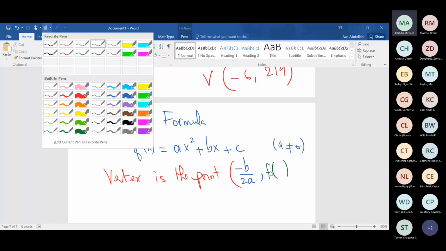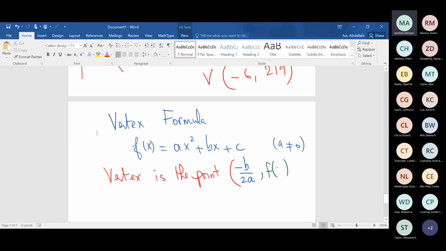Somebody is telling us the h is always negative b over 2a. Now, do you believe them? Of course we do.